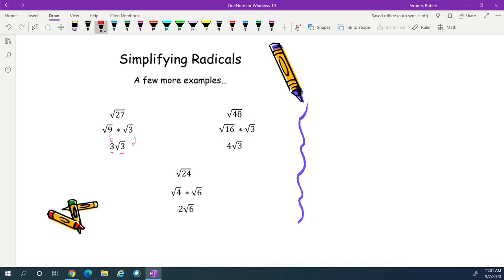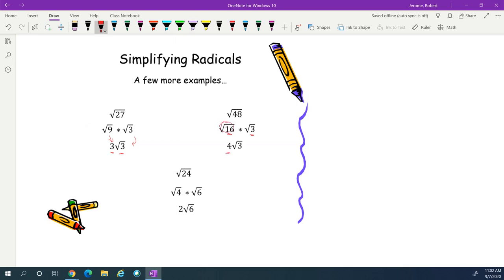When we look at a 48, well, a 48 can be factored a few different ways, right? I mean, 12 goes into 48, 24 goes into 48, but none of those are perfect squares. The biggest perfect square factor is a 16. So we're going to break it into a 16 and a 3. The square root of 16 is 4.